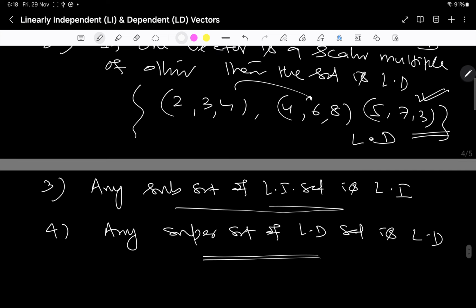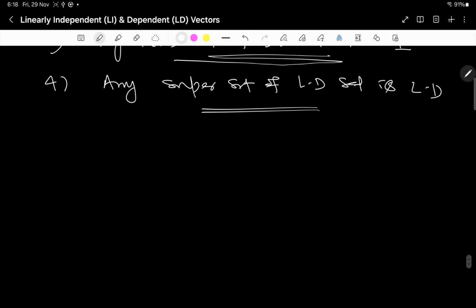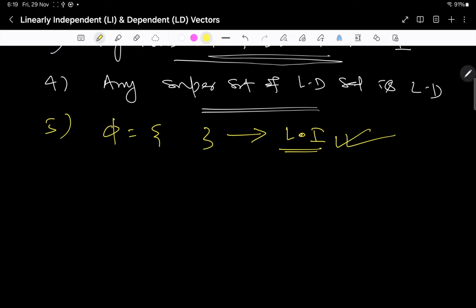Similarly, any subset of an LI set is LI. Now coming to an important question, what about phi? Phi means nothing, and it has to always be LI, because we are not getting anything to be a multiple of anything. That's why it is linearly independent. So the phi set is always a linearly independent set.